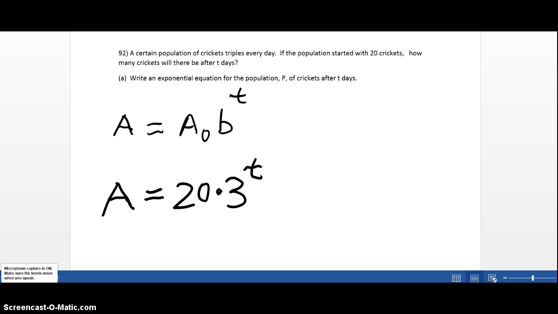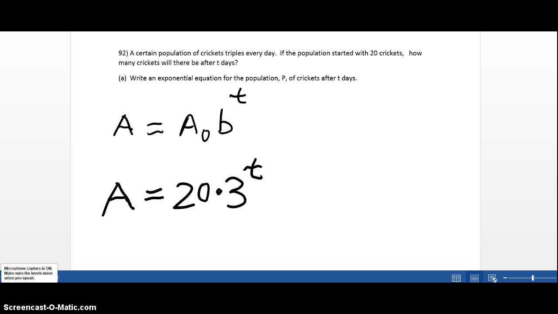In that case, it wouldn't be 20 times 3 to the t, it would be 20 times 3 to the t divided by 5. So again, if it tripled every 5 days, instead of a t, you would have a t divided by 5.